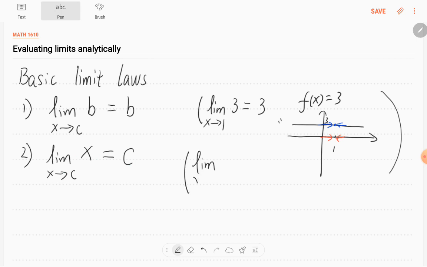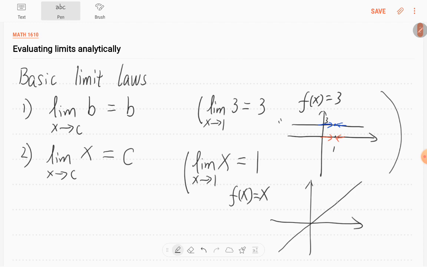This is the limit as x approaches 1 of x, which is equal to 1. So why is this true? Because here f of x equals x, right? F of x equals x is a straight line. Right, so here is 1, here is also 1, right? One point is on the curve.